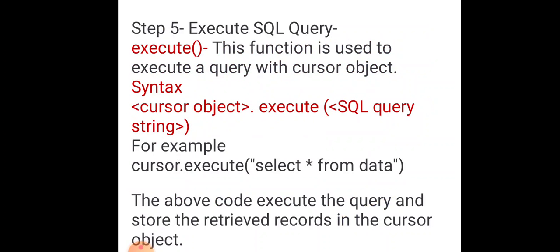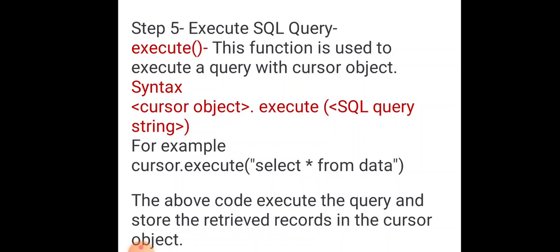Now step 5, execute SQL query. Once you have created a cursor, you can execute an SQL query by using the execute function with the cursor object, and the syntax is cursor object dot execute, and we pass the SQL query as a parameter in the execute function.